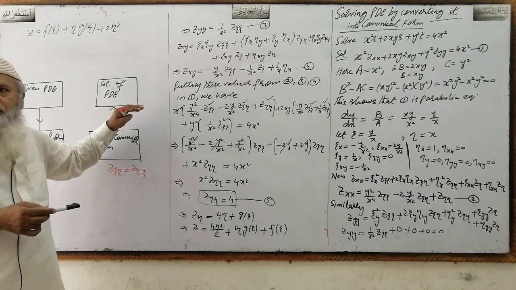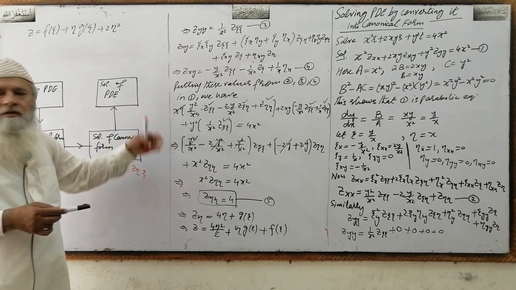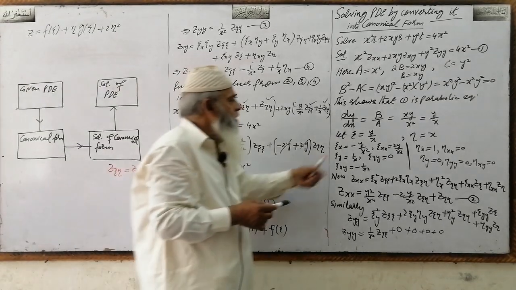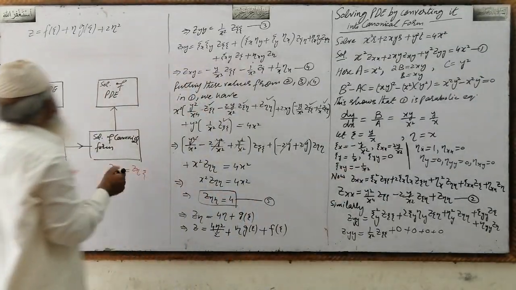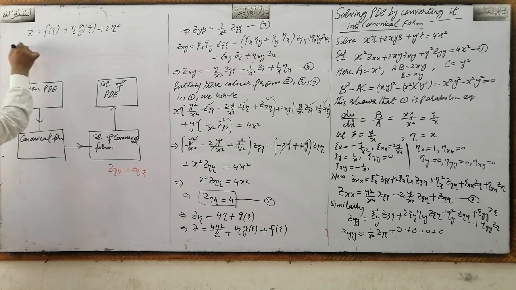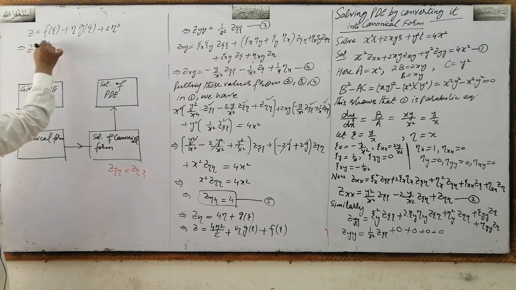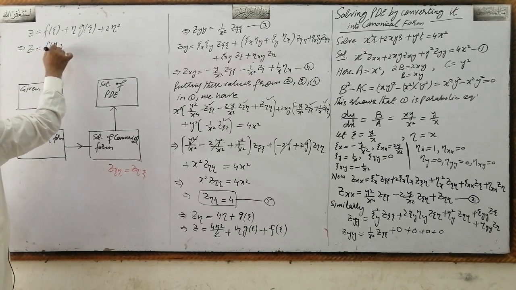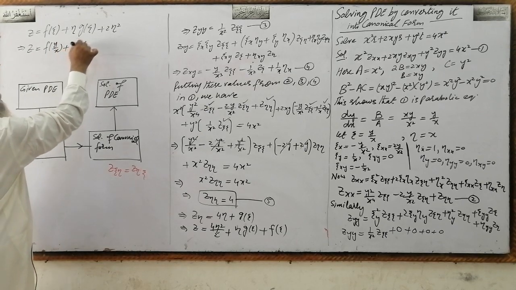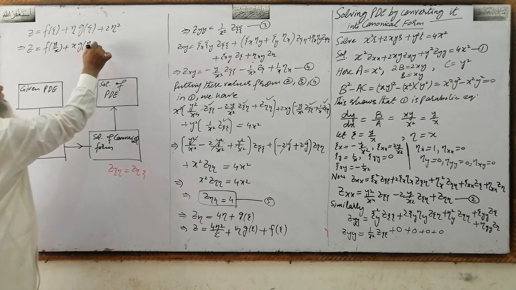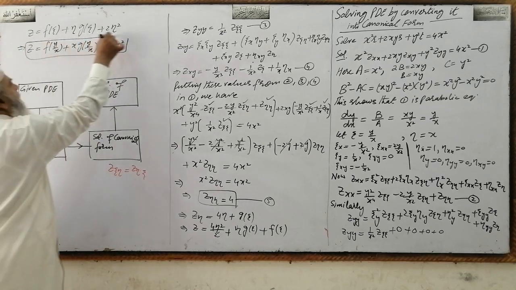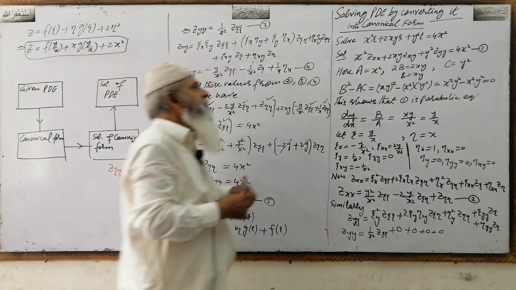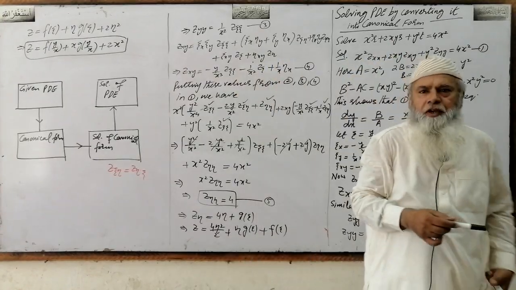Just reverse the variables. Xi is equal to y over x and eta is equal to x. You will get z is equal to f of y over x plus x g of y over x plus 2x square. This is the required solution of this differential equation.